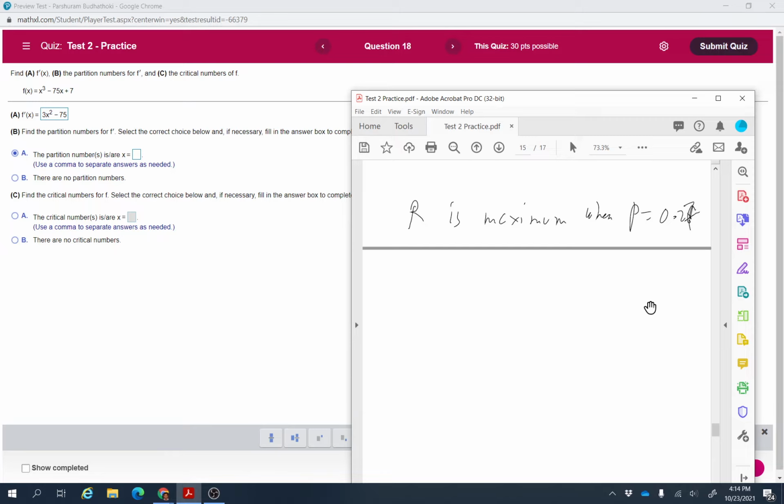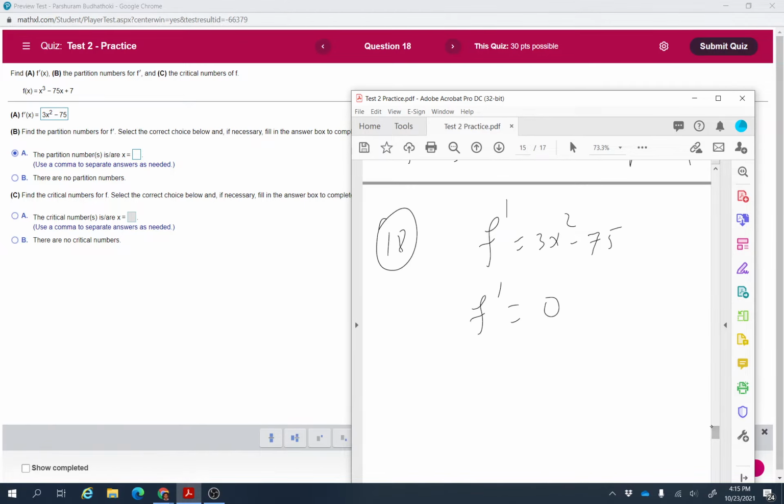In this problem, problem 18, the derivative is 3x squared minus 75, and we find where it is 0: 3x squared minus 75 equals 0. If we solve for x, that will be positive 5 and negative 5.